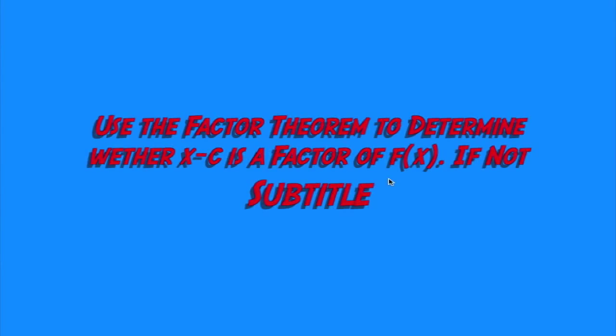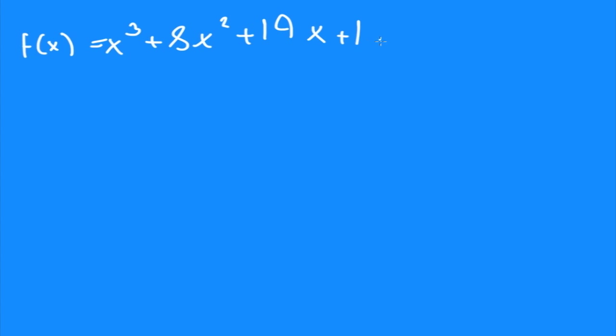Okay, now we're going to use the factor theorem to determine whether x minus c is a factor of f(x). Let's see. So we're given f(x) equals x cubed plus 8x squared plus 19x plus 12, and our x minus c is going to be x plus 3.